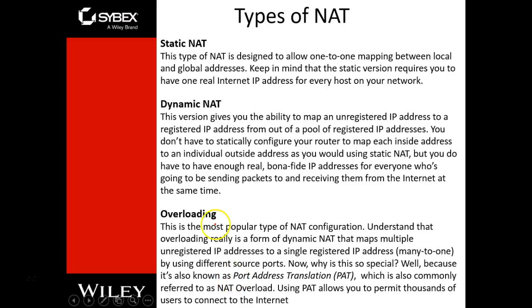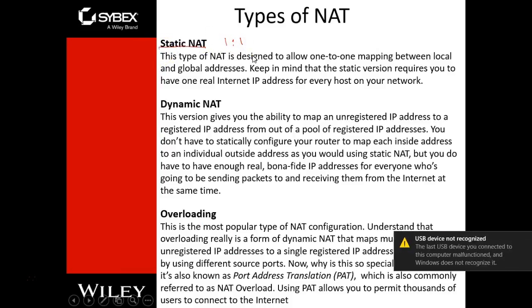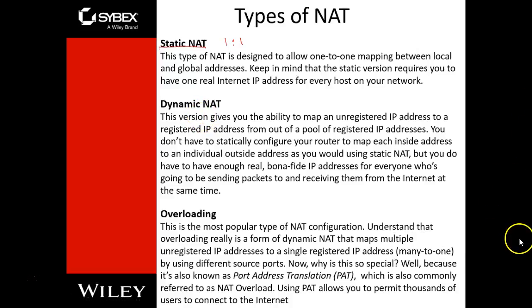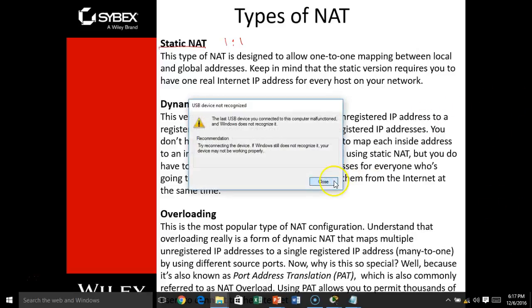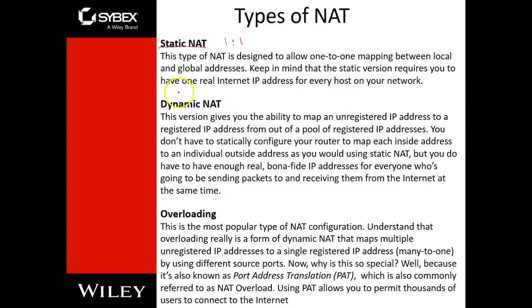The different types of NAT: static NAT, which is a one-to-one. You would use static NAT for something like, if we had our firewall or our router here and we had maybe a web server, and out here is the public, and for some reason we put it in here on a private IP address.